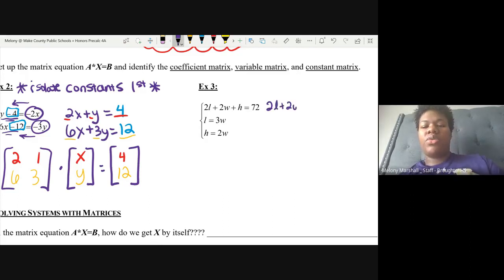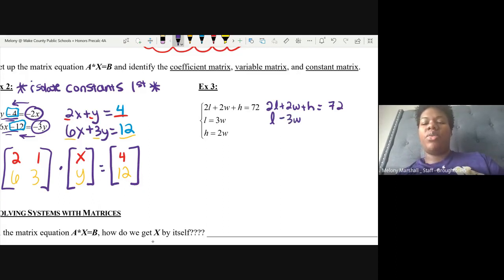2L plus 2W plus H equals 72. That one was good to go. All right. I got L's first, so I'm going to keep L first. I have W's next. So then minus 3W. And then there is no H at all. So plus a 0H. Always put that one so that you know what value to put in the H's spot.